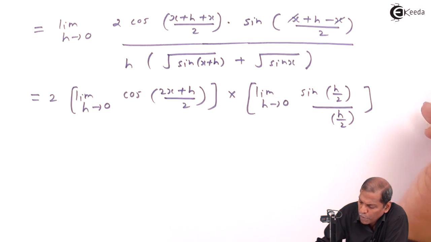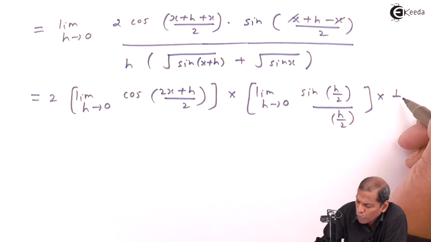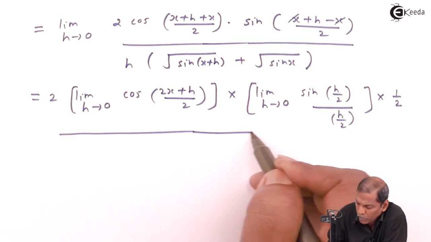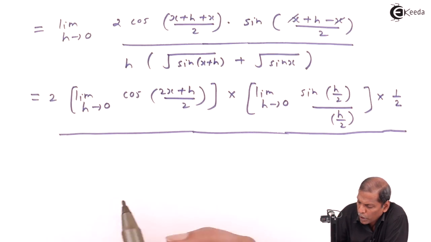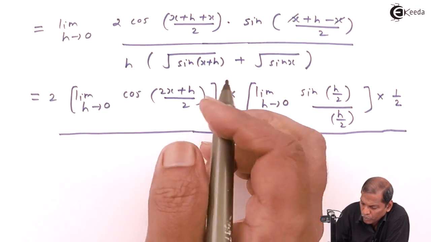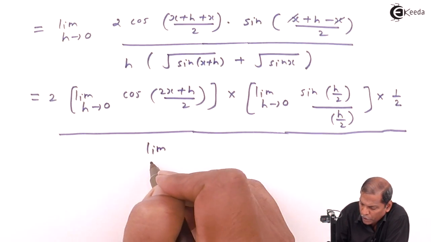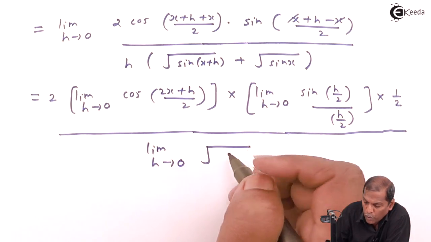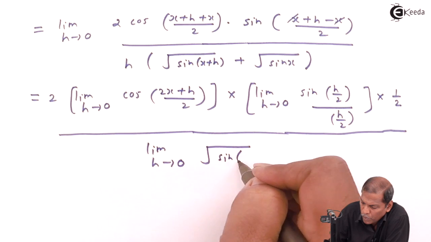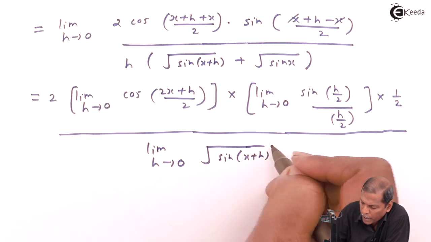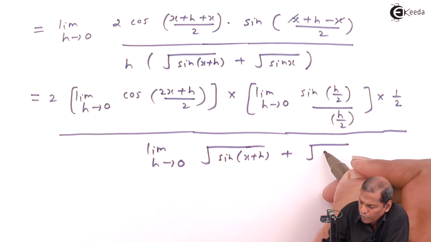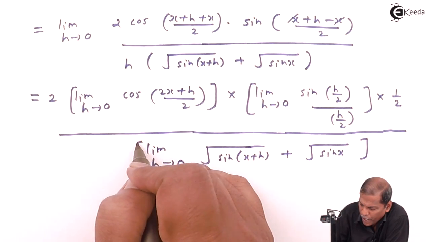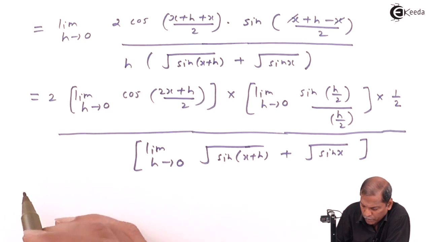To get the adjustment, here what to do, we have to multiply by 1 by 2, and then totally divide by limit h tends to 0 of square root of sin(x plus h) plus square root of sin x, and finally the bracket is complete.